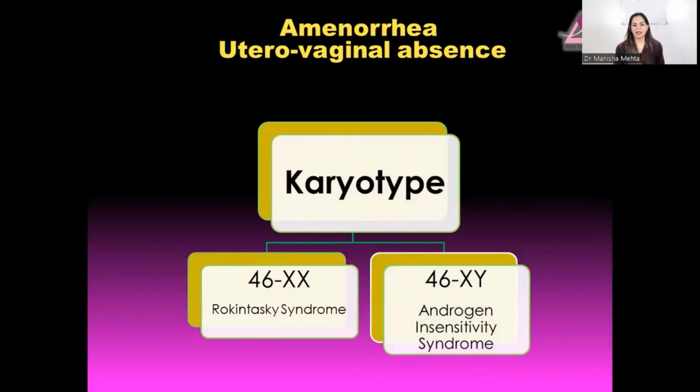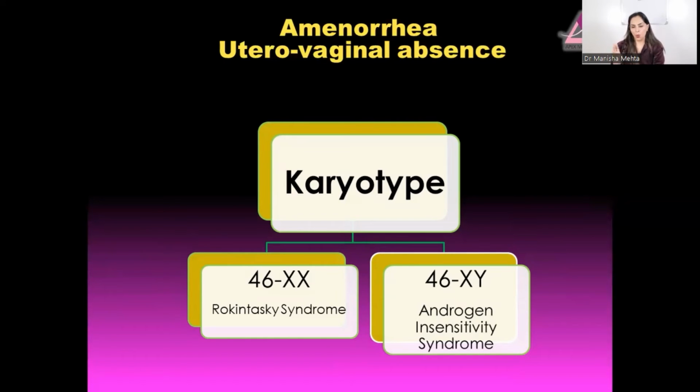Okay, now we are talking about another type of case. This is amenorrhea with secondary sexual characters, but the uterus and the vagina are absent. Very commonly I've seen this. I don't know if I've seen such cases because I'm practicing infertility or just like that, but till now I have seen at least more than 20 Rokitansky syndrome.